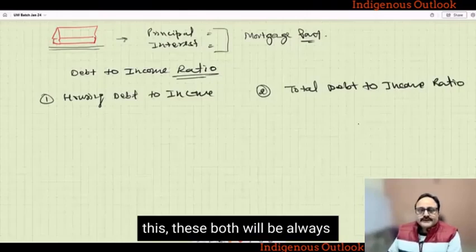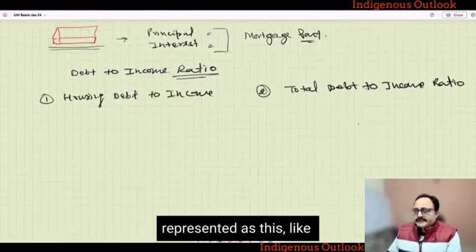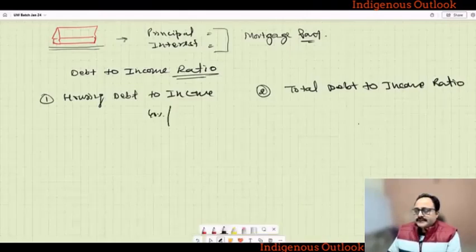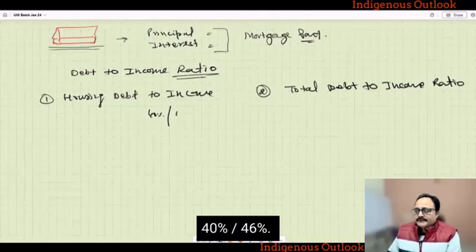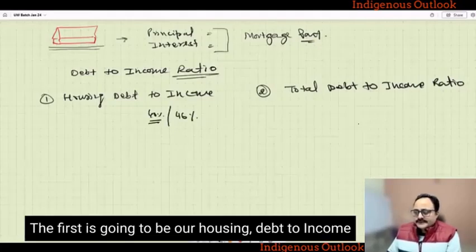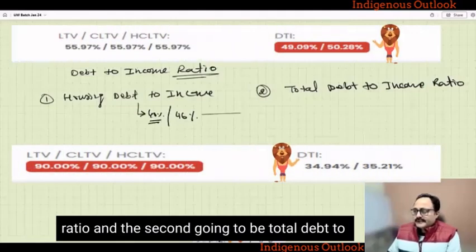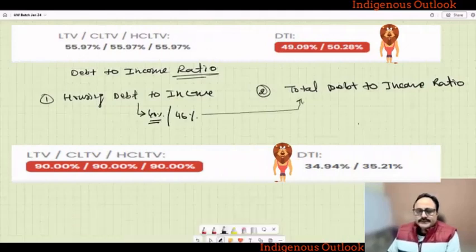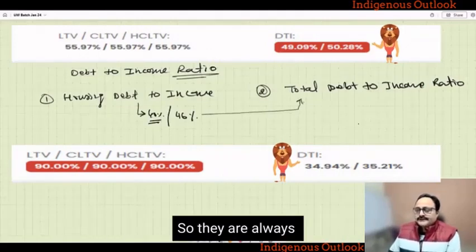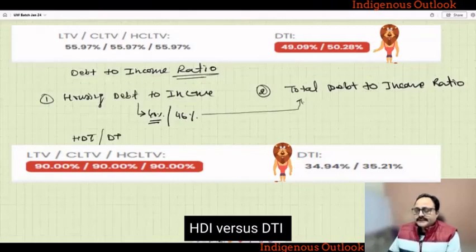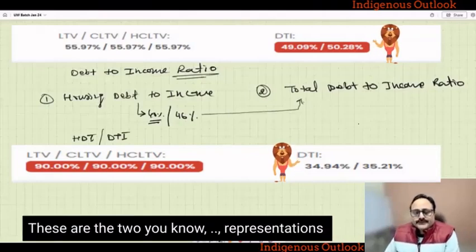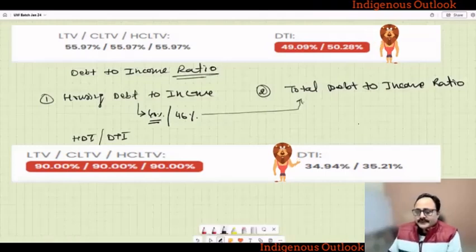These both will always be represented like 40 by 46%. The first is our housing debt to income ratio, and the second is the total debt to income ratio. So there are always HDI versus DTI, these two representations.